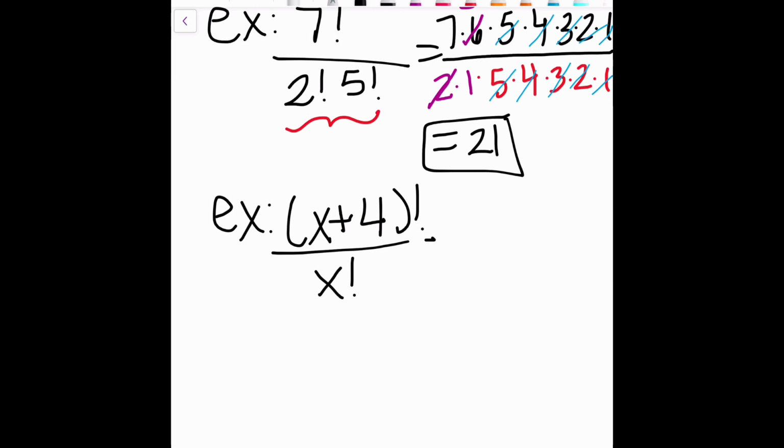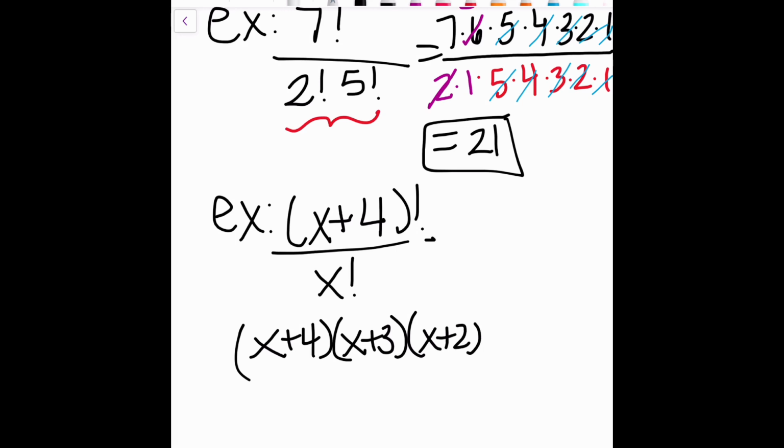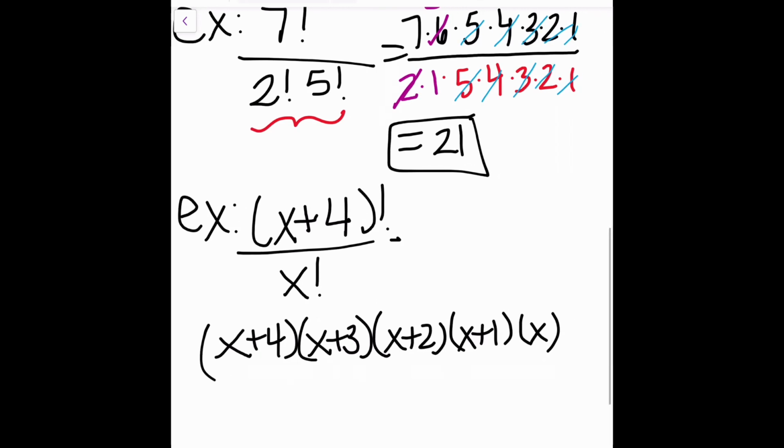So this would be x plus 4, and then 1 less than that would be like x plus 3. 1 less than that would be x plus 2. 1 less than that would be x plus 1. 1 less than that would be x. If I keep going, it would be x minus 1, etc. Now I don't know what x is, so this would just go on until basically I don't know.